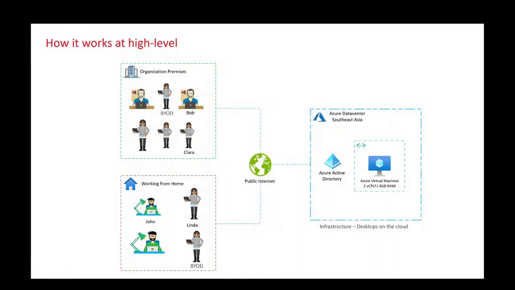And on the right-hand side, obviously it is the data center, right? And the data center is directly connected with the public internet. You have people in your organization premises as well as working from home premises. Probably your people may bring their own devices.